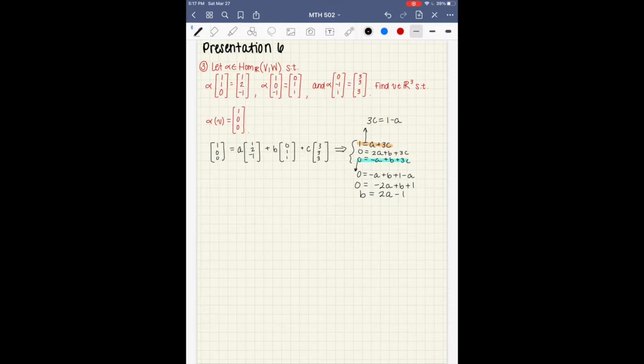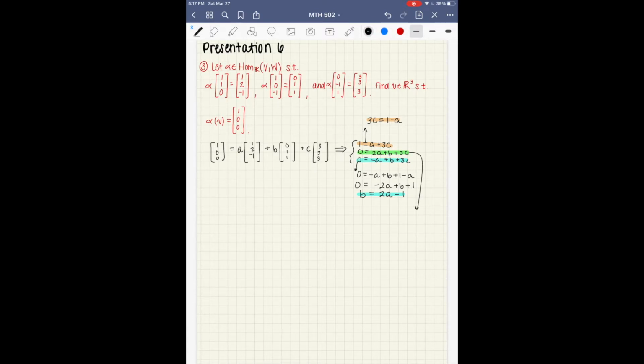And then I took both the 3c and the b, substituted them into the third equation. Let me highlight what goes with what. And I plugged both of those into the green middle equation.